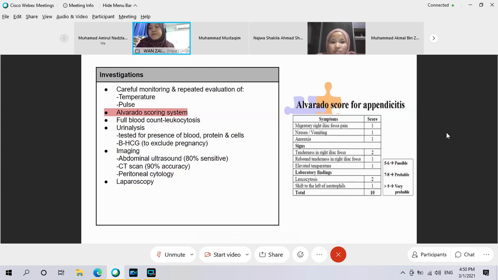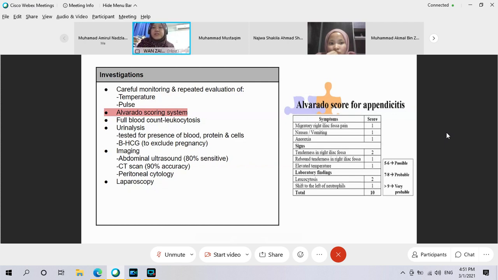We call this the McBurney point. McBurney point is the exact area of the location of the appendix.